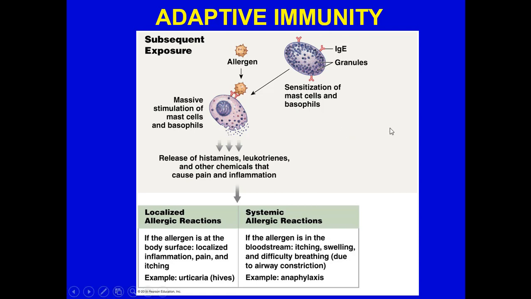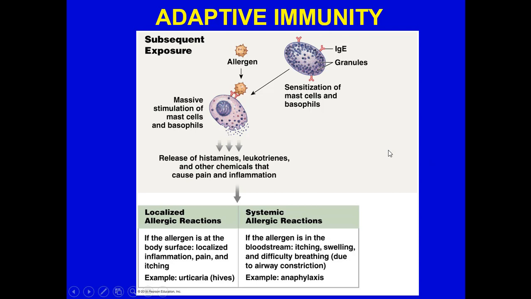If it's a localized allergic reaction, you get urticaria, which is hives, or you've got itching, or watering in the eyes. But if you have massive amounts of histamines released, massive amounts of reaction, and the allergen is in the bloodstream, not only are you going to have itching and swelling, but difficulty breathing.